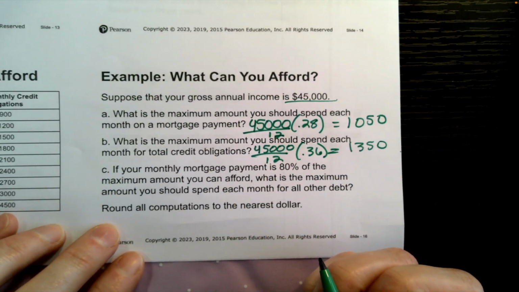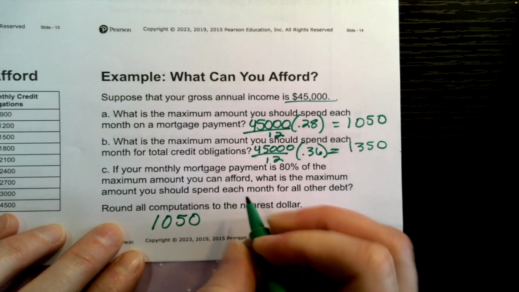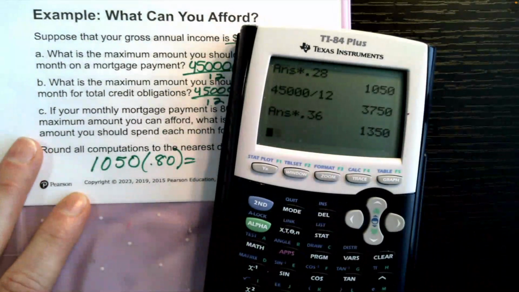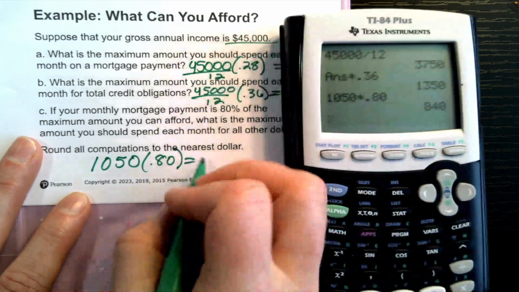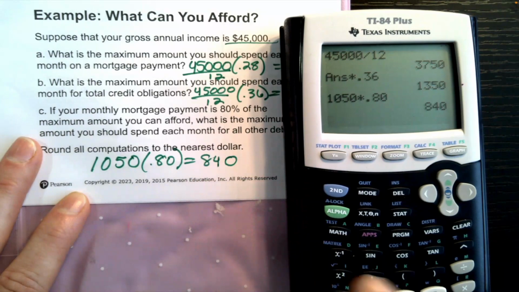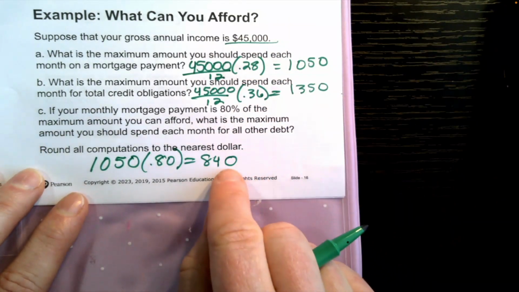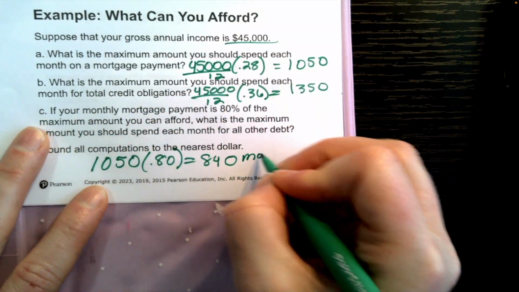If your mortgage payment is 80% of your maximum amount. So here's your maximum amount. Here's 80%. So you're not doing the full max. You're just doing 80% of it. So $840. So $840 is how much you're spending on your mortgage.